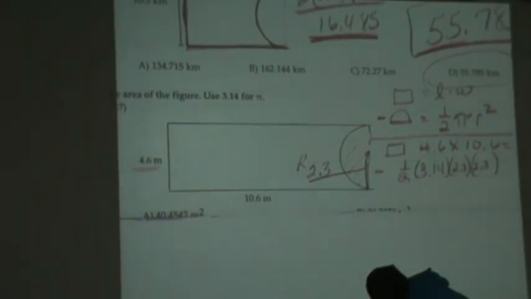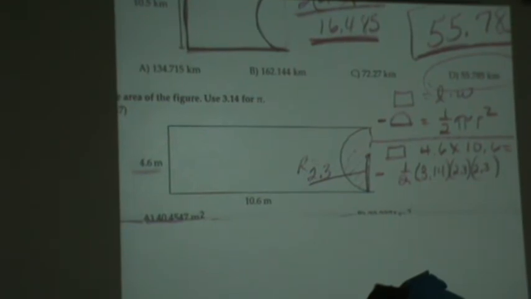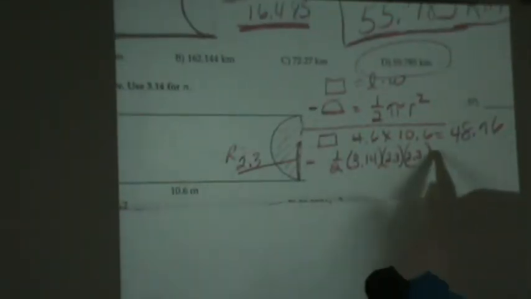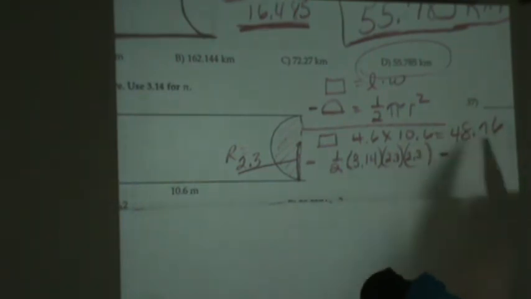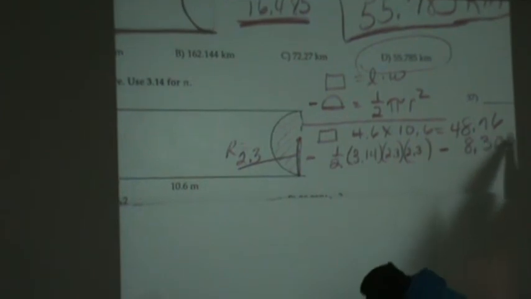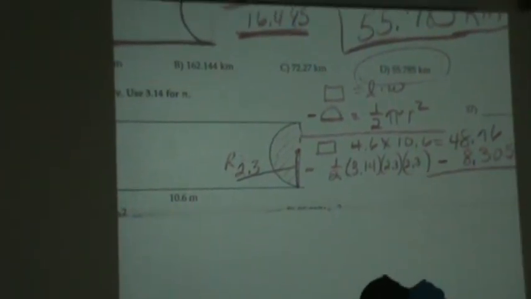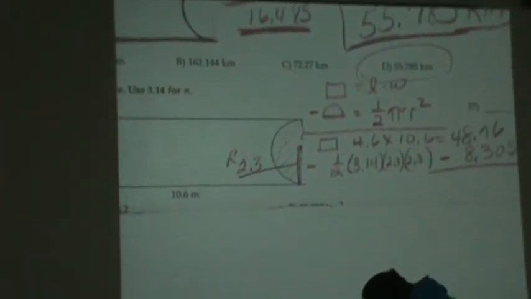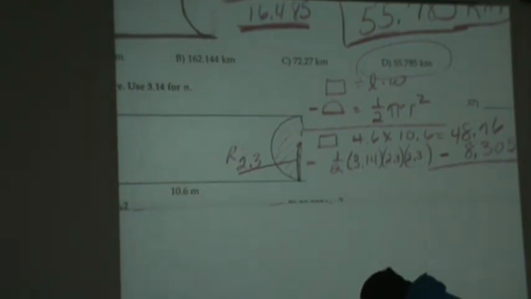So we have 3.14 times 2.3 times 2.3 divided by 2, or times 0.5. We're going to subtract 8.3053. Is that what you got? Okay. Subtract that from 48.76.